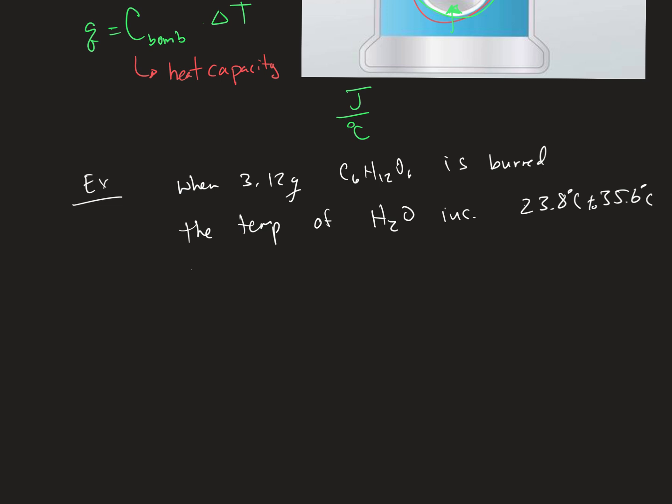The calorimeter contains a mass of 775 grams of water, and the bomb itself has a heat capacity of 893 joules per degree Celsius. How much heat is produced by the combustion of glucose?